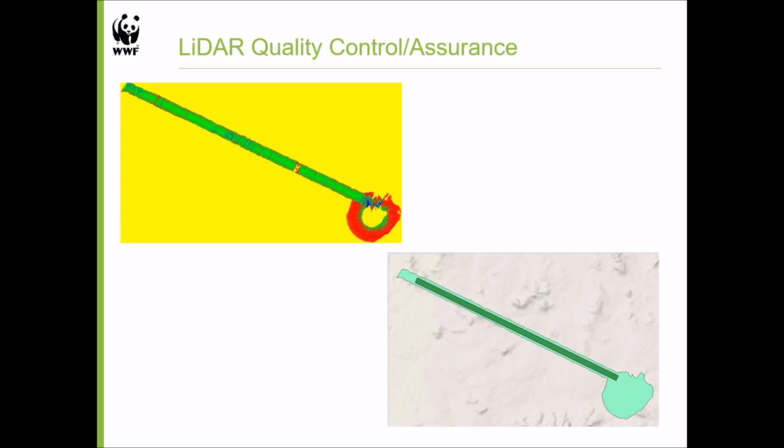But as you can see in the other picture, the dark green is the area we planned to fly, and the lighter green is the area that was flown. As we can see, it covers the area we need.